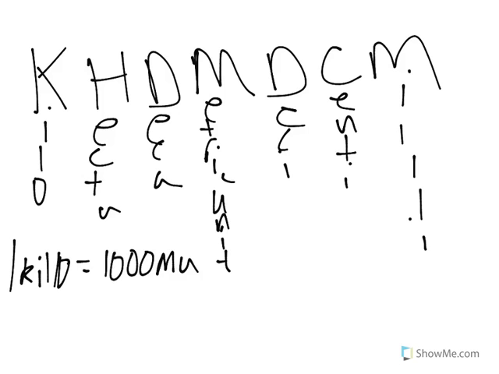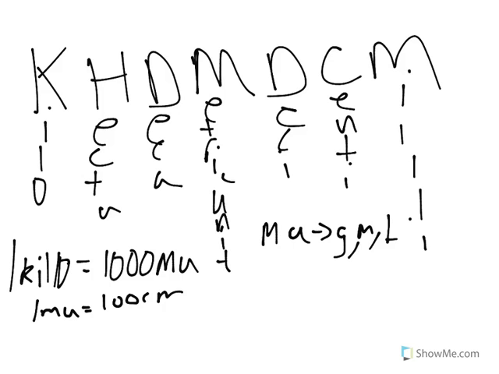Again, a metric unit can be a gram, a meter, a liter, any metric unit. Okay, so in a kilo there's 1,000 metric units. In 1 metric unit there is 100 centimeters or 1,000 millimeters. So that's one way to remember it.